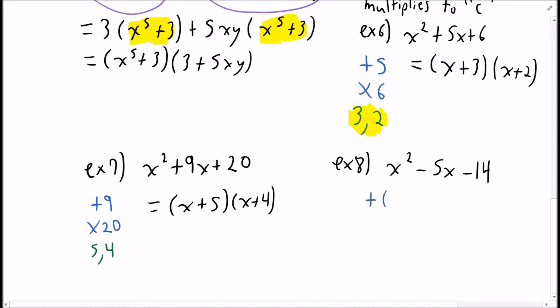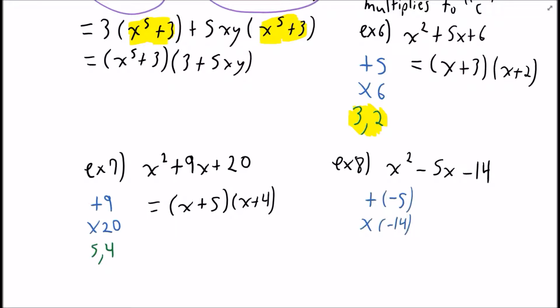So we're adding to negative 5 and multiplying to negative 14. Now the fact that the two numbers multiply to negative 14, the only way you can get two numbers to multiply to a negative is if one of them's positive and the other one's negative. So I know one of them's got to be positive and the other one has to be negative. So what two numbers could multiply to 14? 7 and 2.